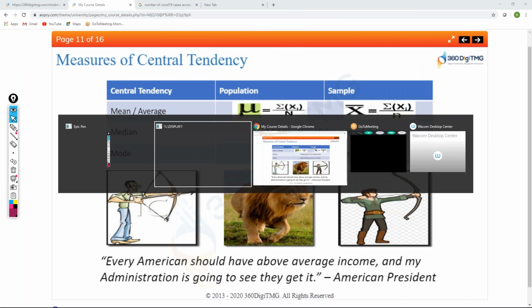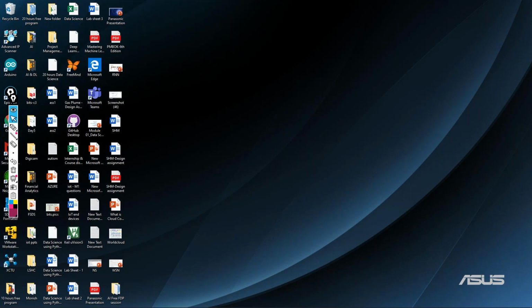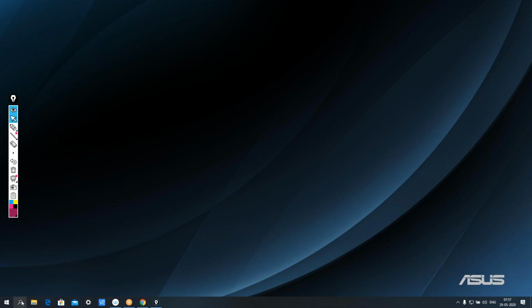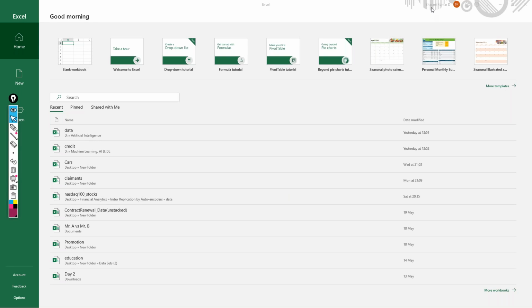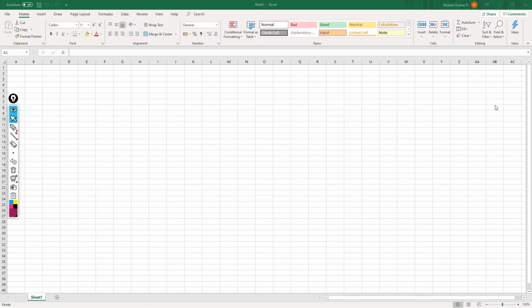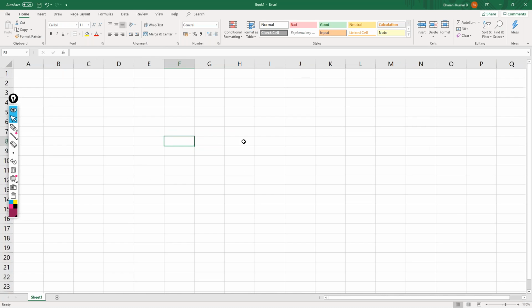So let me open an Excel sheet here and try to help you all understand about mean, median, and mode. Say I take a small data set wherein I have 5 numbers.